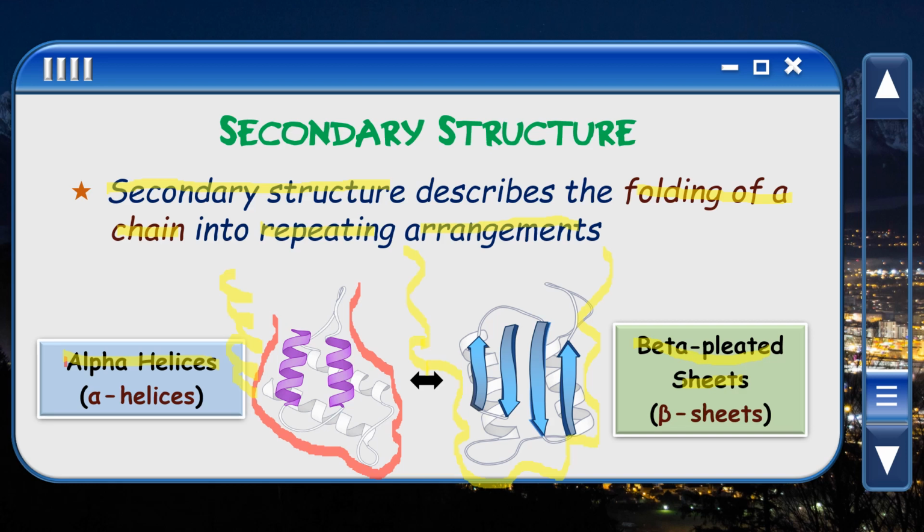The other one is the alpha helix. All of them are secondary structures, depending on whether it is a beta sheet or an alpha helix, but they are all folding the primary chain to form the secondary structure.